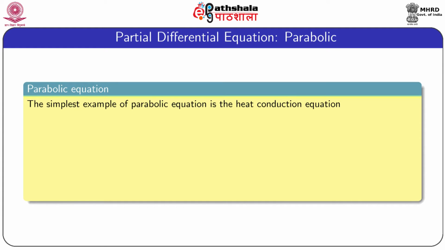Now, we consider the parabolic equation. The simplest example of a parabolic equation is the heat conduction equation, which is of the form written in equation 5, that is, del u del t equal to alpha into del 2 u del x2, where alpha is a parameter, t represents time and x represents the space variable or length along the conducting space.